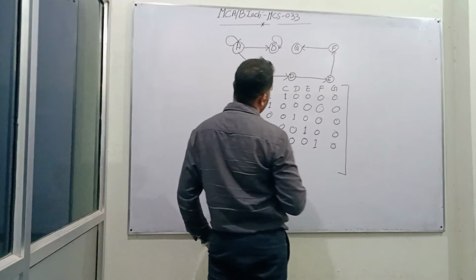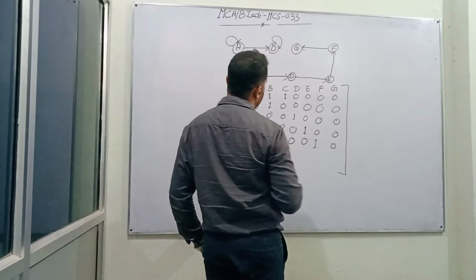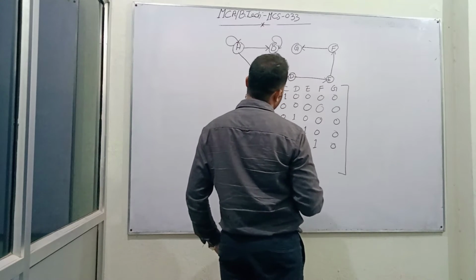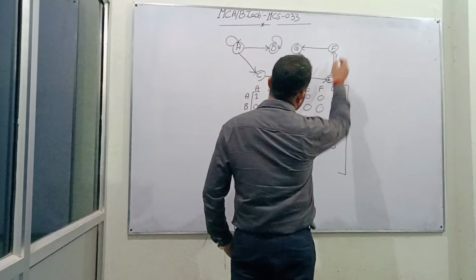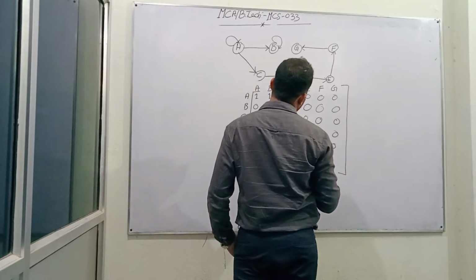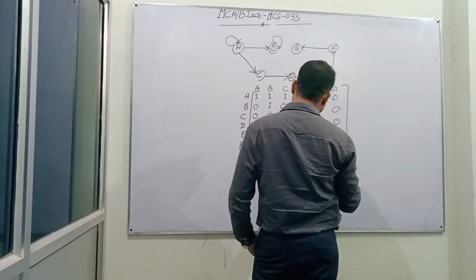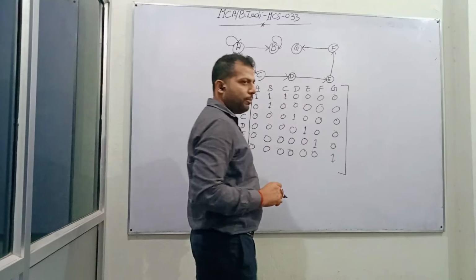F to B, no, 0. F to C, not visited, 0. F to D, not visited, 0. F to E, no, this is unidirectional, so that is not visited, so here we will write 0. F to F is also denoted by 0, but F to G is visited, so that's why we will write 1.